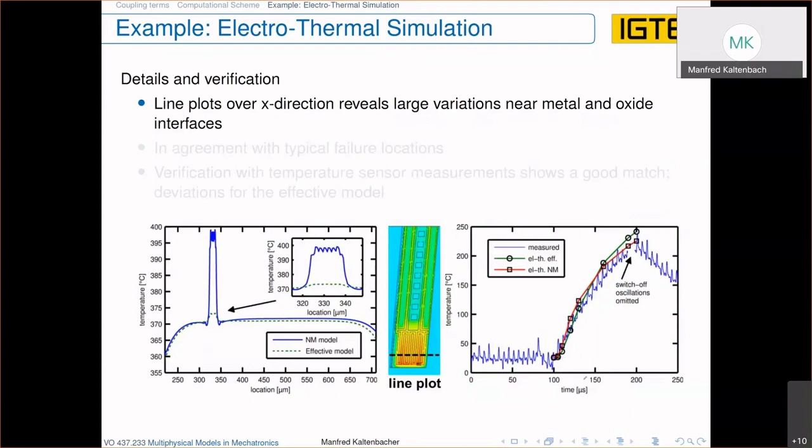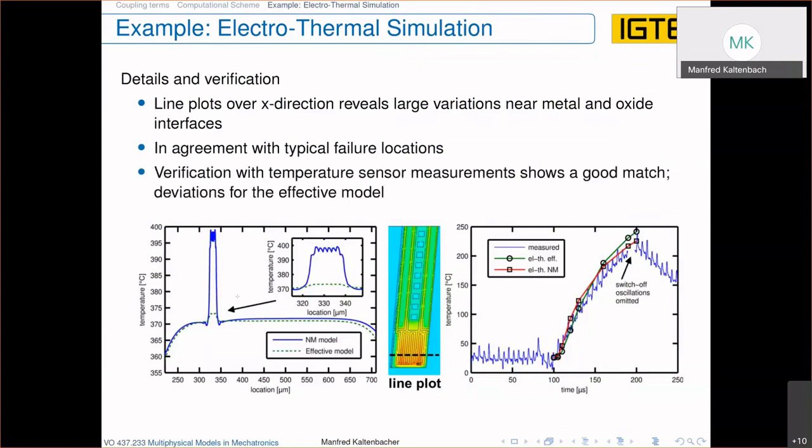And so with such an approach, it's possible clearly to really do such simulations and optimize the sensor structure in such a sense that we get a reliable sensor for protection of especially power semiconductors.